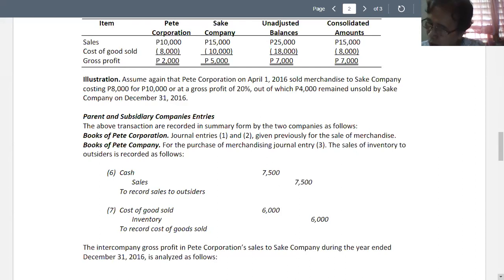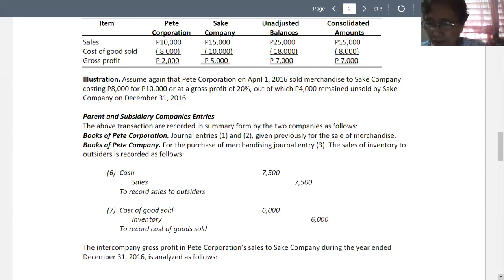Now let's go on with the entries in the books of Sake. The first entry is to debit cash for 7,500 and to credit sales. Now, this is a given figure recording the sales of Sake for 7,500, the sales to outsiders. And the second entry of Sake is to debit cost of goods sold by 6,000 and to credit inventory.